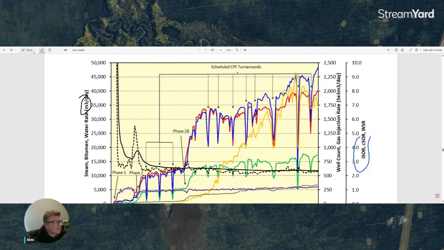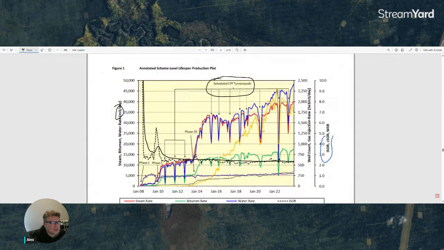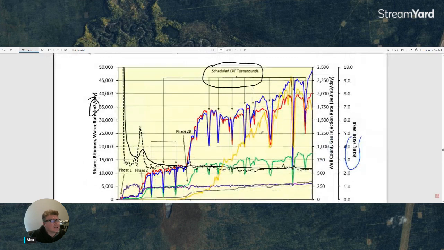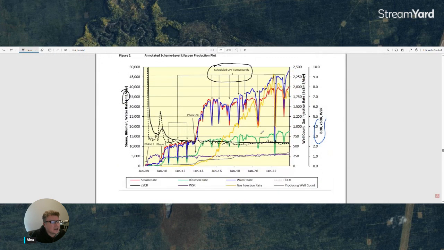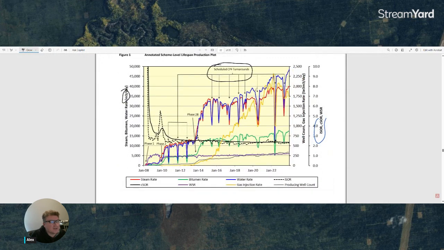Now, what's also happening here, you can see, is that every once in a while they have scheduled CPF turnarounds, as you can see here. This results in shut-ins on some of the facilities within the central process facility.